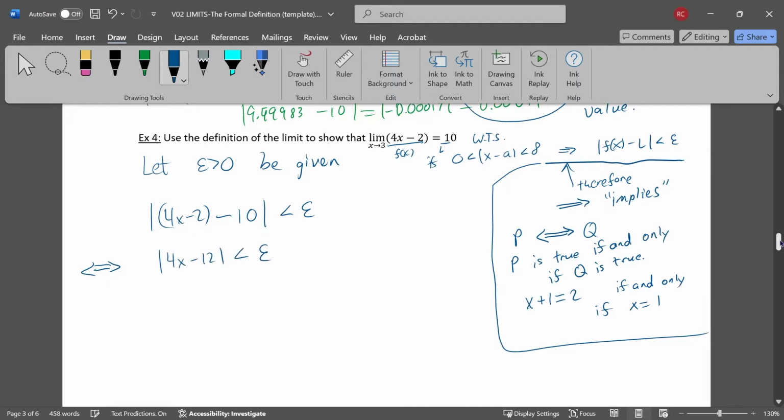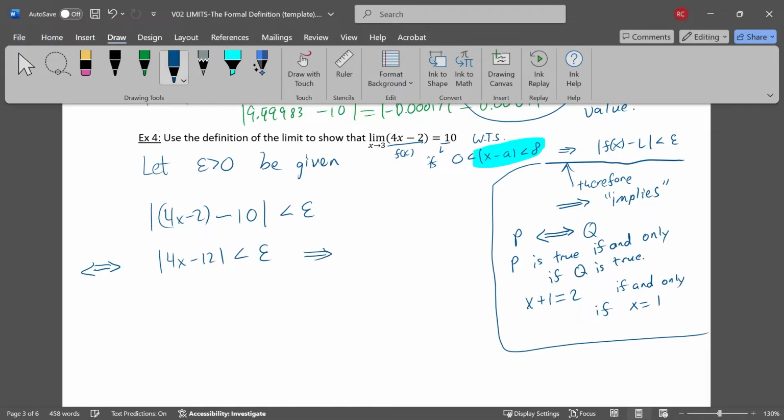Those are equivalent statements because negative 2 minus 10 is negative 12, period. So now my goal here is to figure out what delta should be, because the definition says if epsilon is given, then I can pick a delta to make this inequality work out, right? So that means I have to try to rewrite this to somehow get the absolute value of x minus a.